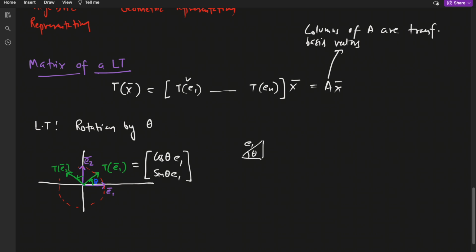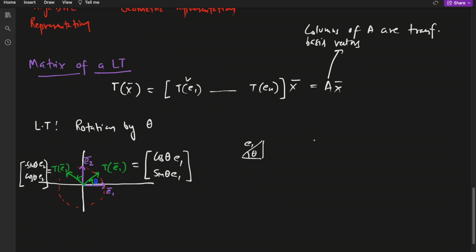So the x component is this, which is cos theta E1, and this is the y component, which is sin theta E1, right? So this is T of E1, and similarly we can calculate T of E2. T of E2 will be minus sin theta E1 and cos theta E2, right?